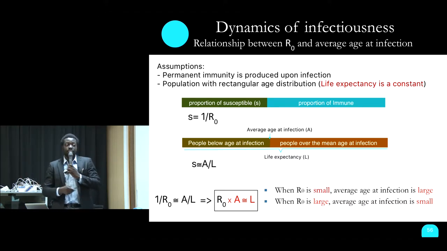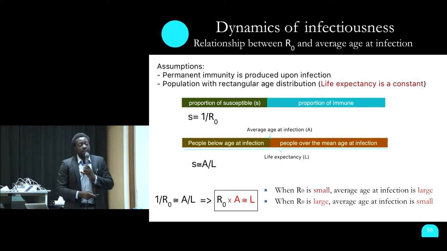It remains the same. So if R0 is small, if we want to keep this the same, the average age at infection should become large so that life expectancy is kept constant. If R0 is large, in order to keep life expectancy the same, the average age at infection will become low.